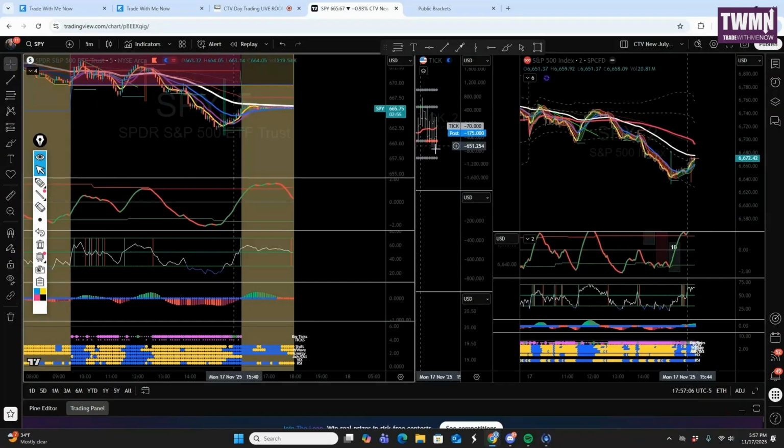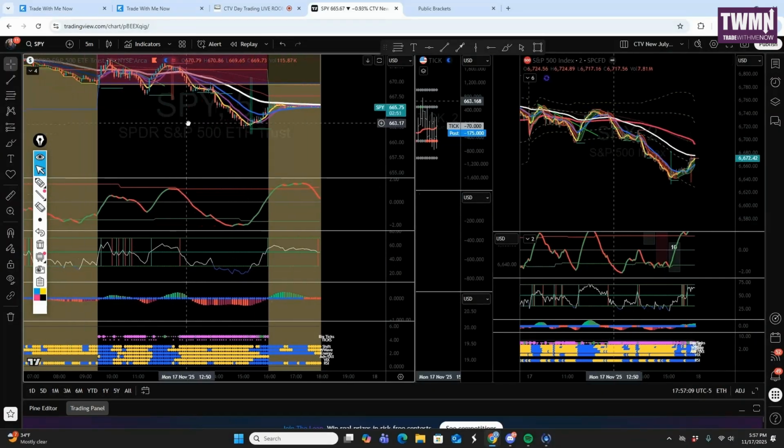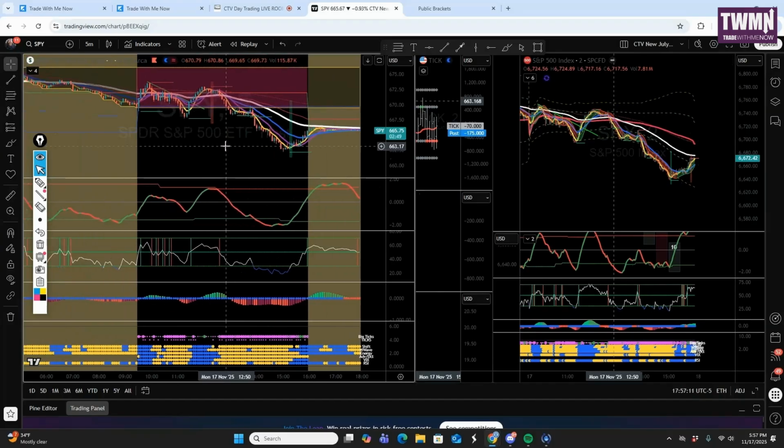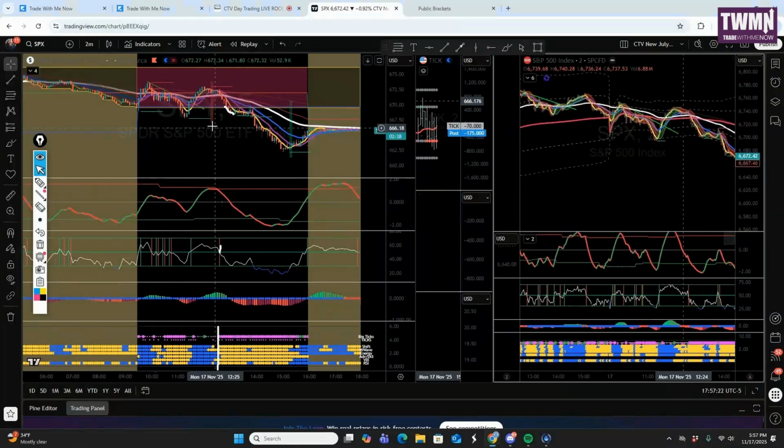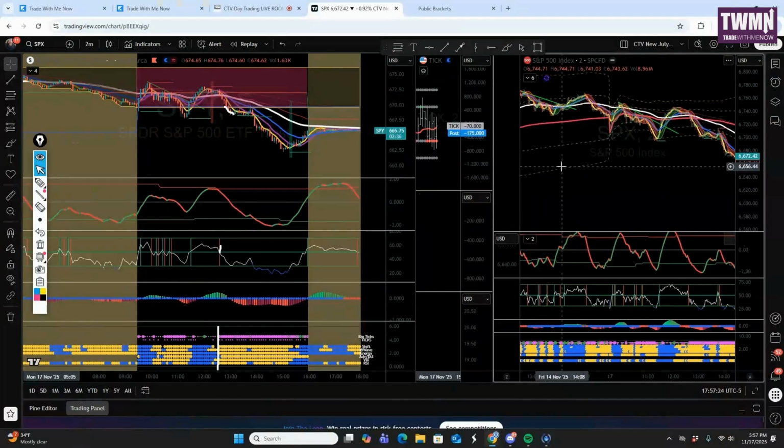Yeah, the pullback entry is fantastic. I mean, look here, the 5-minute triggered right here. So if you want to say, let's wait for a pullback, that's fantastic. Right around 350.